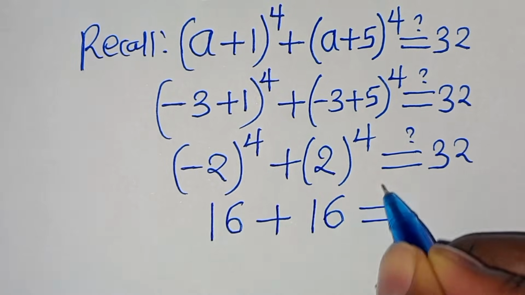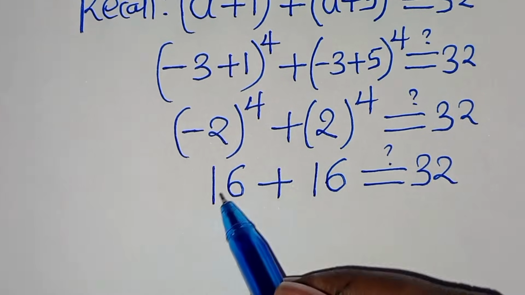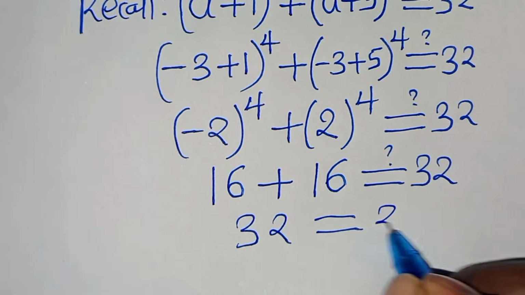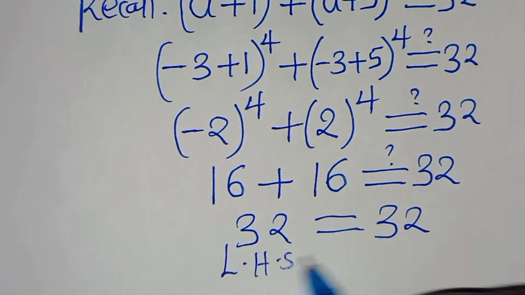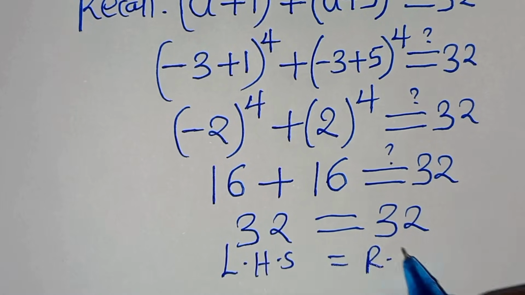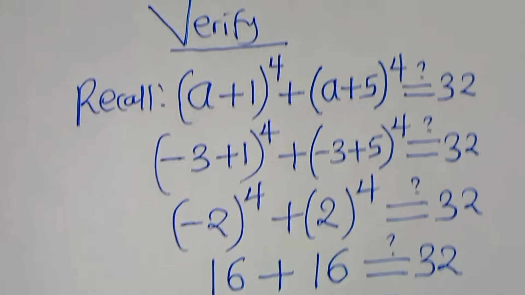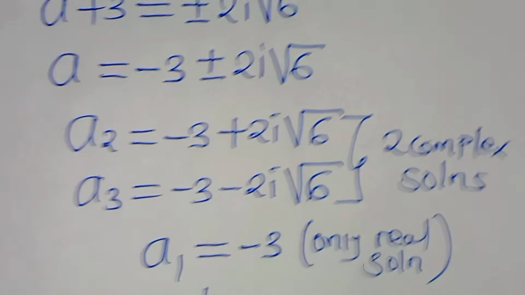So 16 plus 16 is equal to 32, which is equal to 32. So the left hand side is equal to the right hand side. And this implies that a1, which is minus 3, satisfies the equation.